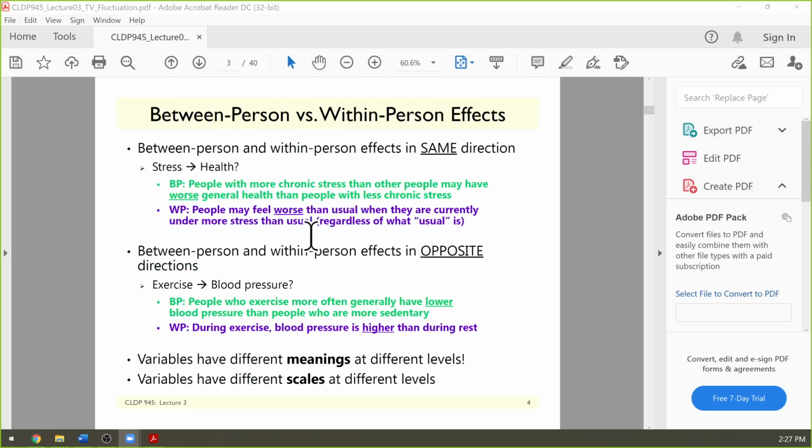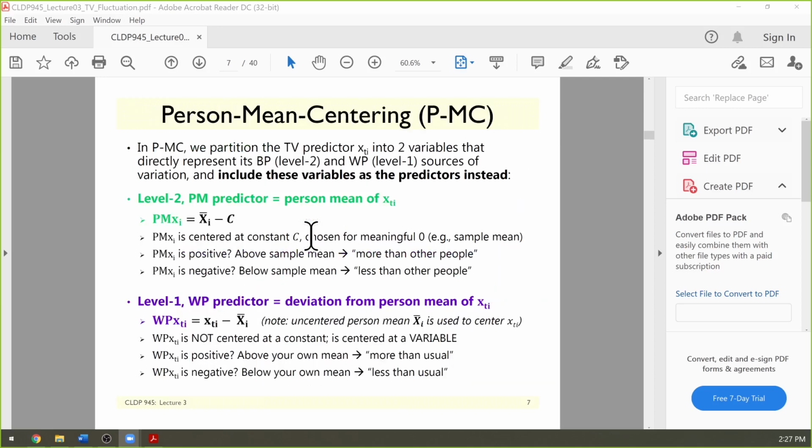My preferred way of doing this, skipping a little bit here, is to create 2 versions of the predictor that literally separate out its sources of variance into 2 distinct orthogonal predictors. This technique is called person mean centering. I would take the mean of the time varying predictor, that's x bar right here, minus some constant so that 0 is meaningful.